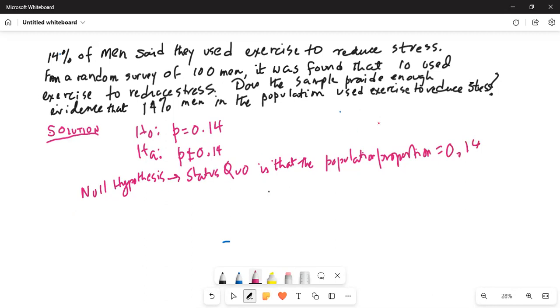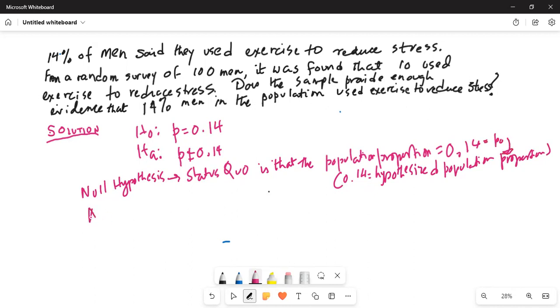This 0.14 is my hypothesized population proportion, P0, where P0 is the hypothesized population proportion.